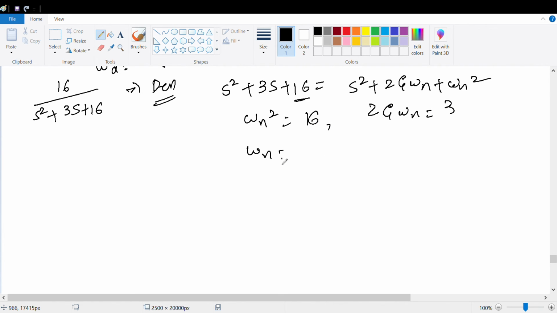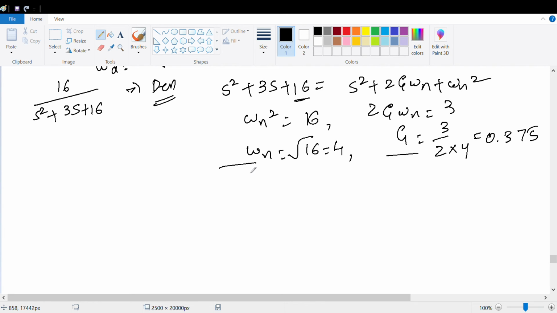Therefore omega n is the square root of 16, which is 4, and zeta is 3 by 2 times omega n, that is 3 by 8, 0.375. So we got zeta and omega n.